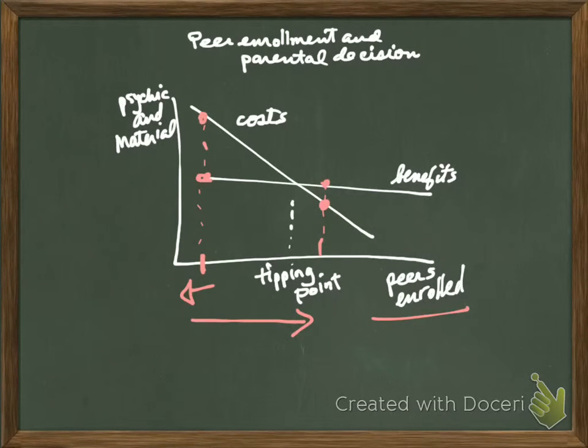So at that point, the benefits exceed the cost, and society moves quickly to having 100% girl enrollment, or equal girl enrollment to boy enrollment. So it's a simple kind of tipping point model of how social norms might prevent girls going to school, but at some point might enable girls going to school as the social norm breaks down.